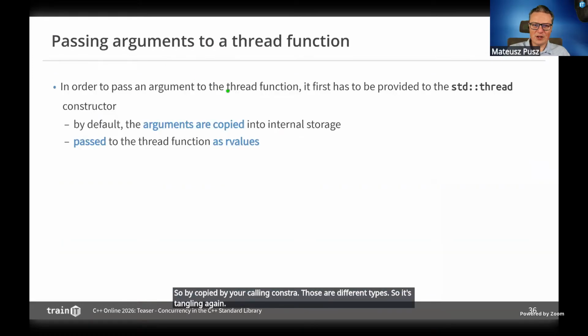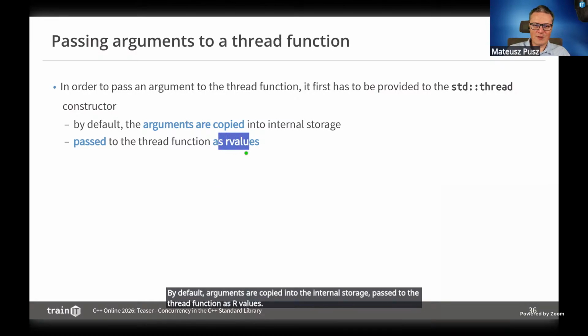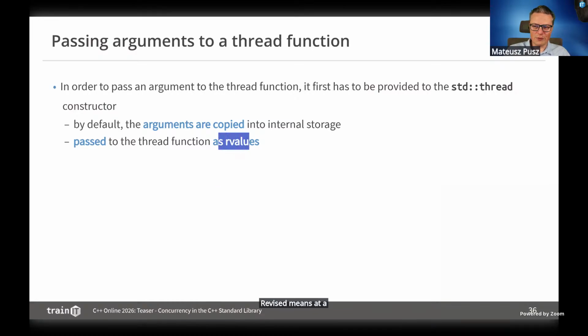In order to pass an argument to the thread function, it first has to be provided to the thread constructor. By default, arguments are copied into the internal storage and passed to the thread function as values. Values means as a temporary or moved, right?